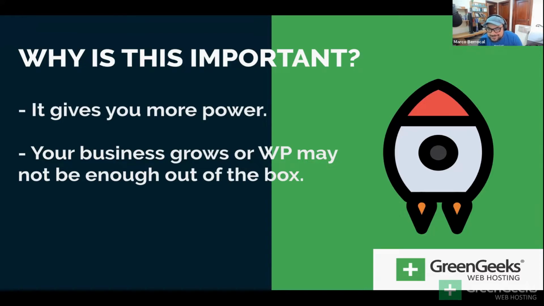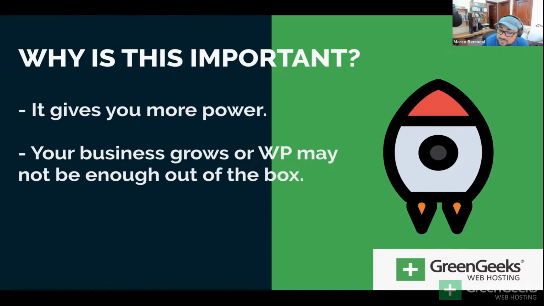So if you don't separate them, and you put all of your products into your blog, you're going to have a lot of problems. So this is why custom post types are really important. It doesn't matter what your industry is or what your scenario might be, custom post types can solve a lot of problems in order to separate things and scale properly. So this is why it gives you a lot more power.